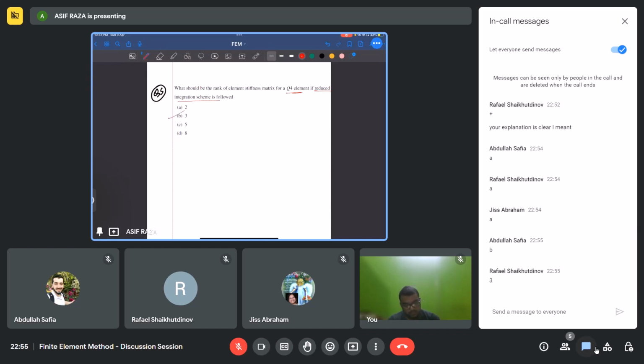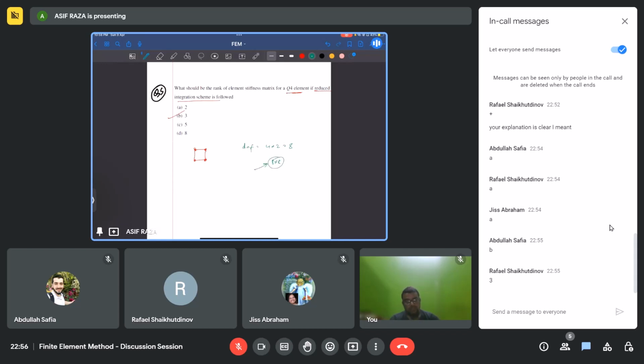How is it? First, you know what a Q4 element is. How many degrees of freedom does it have? 4 into 2, it's 8. Initially, the stiffness matrix will be 8 by 8.